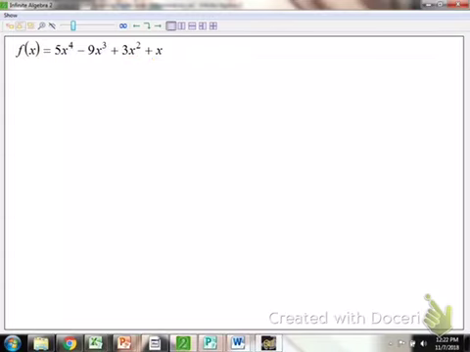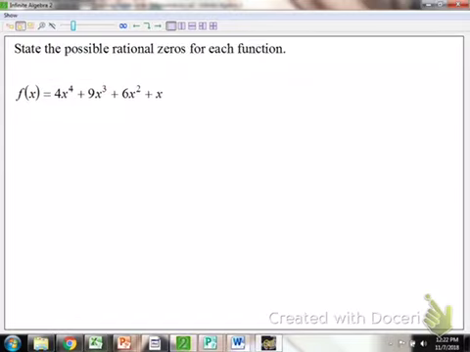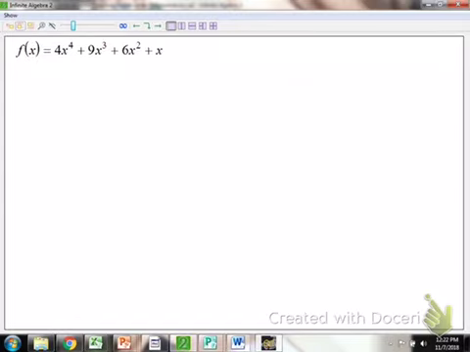All right, so that one's there. I think this one's the same thing, still stating possible rational zeros. So again, you would factor out the x times 4x cubed plus 9x squared plus 6x plus 1. And so our possible zeros are 0, actually is a 0.